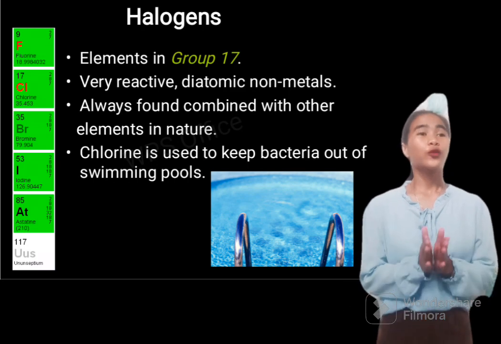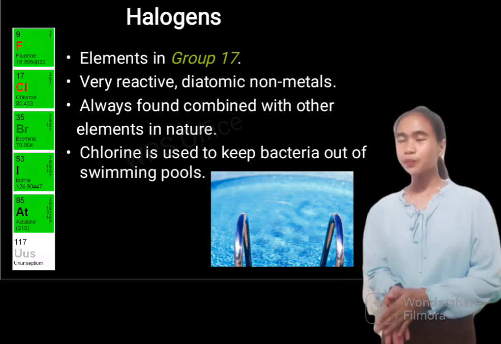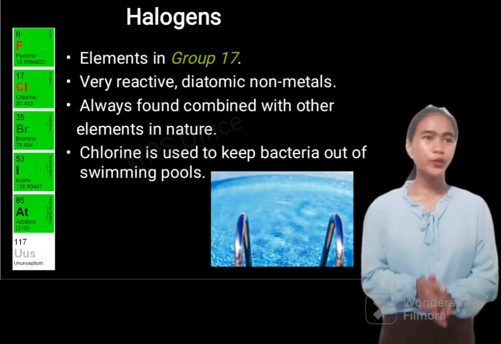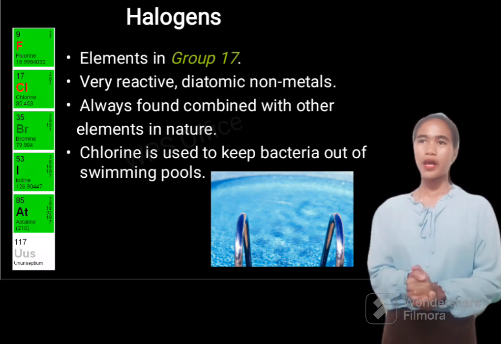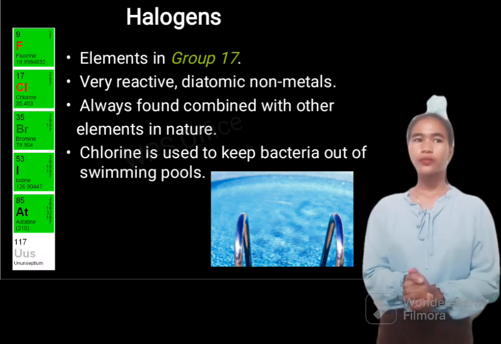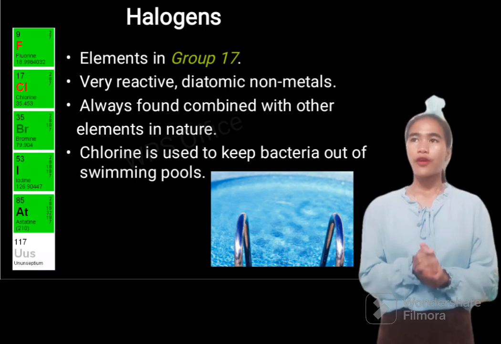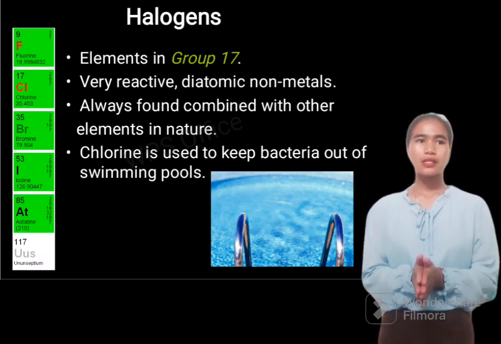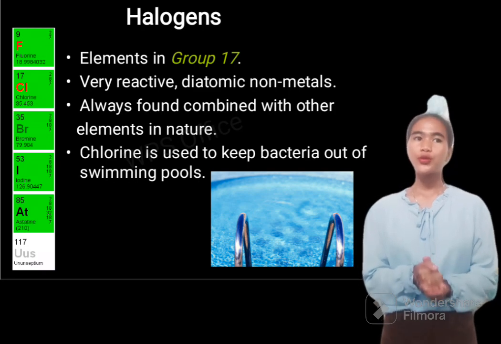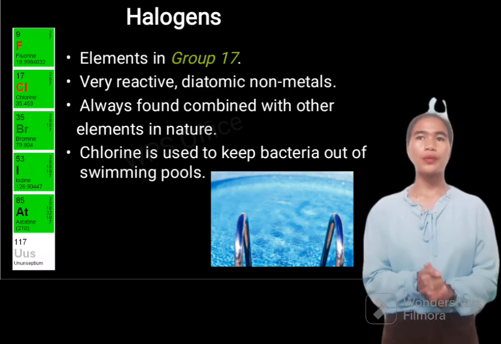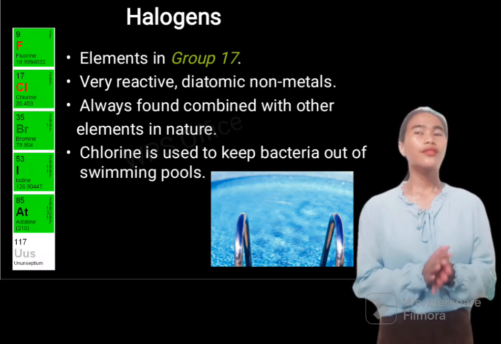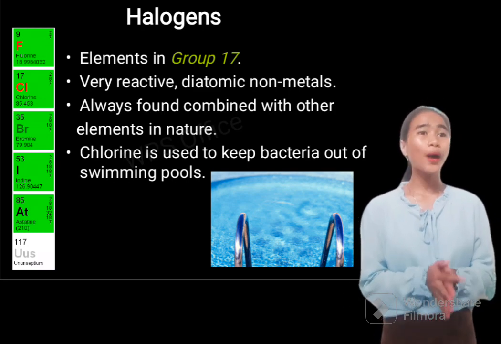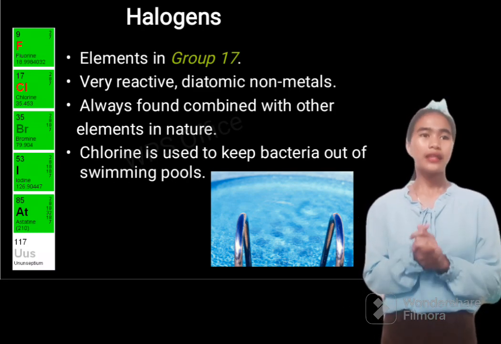We have fluorine, chlorine, bromine, iodine, astatine, and ununseptium. These are very reactive elements, diatomic non-metals. Chlorine is also used to keep bacteria out of swimming pools. Also, these elements are always found combined with other elements in nature.